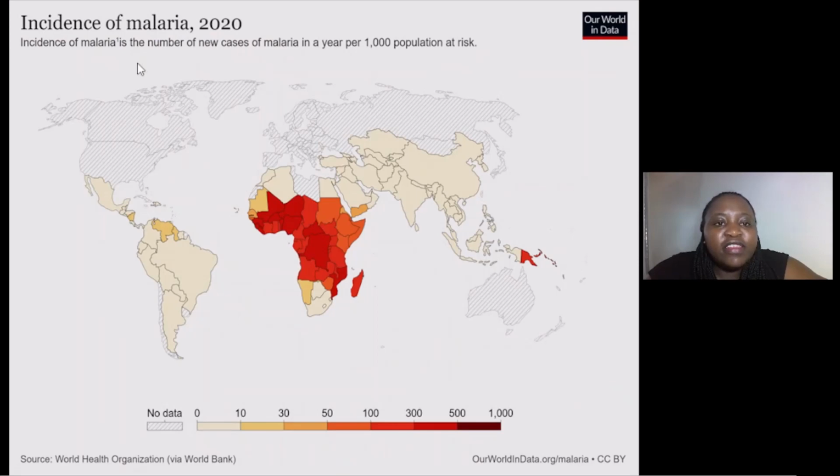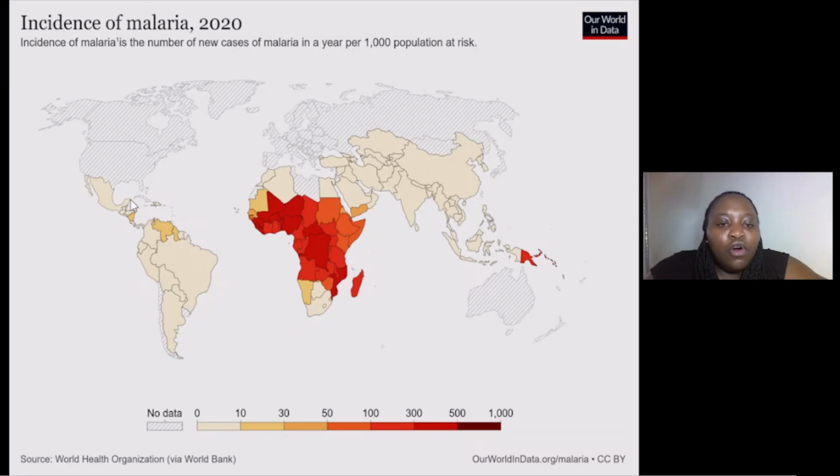So this is now the incidence across the world for new malaria cases, and this one is shaded per 1,000 population at risk. And where we have these grayish lines is where we don't have sufficient data on malaria incidence. And this is North America. We have parts of Europe and Asia and Australia.